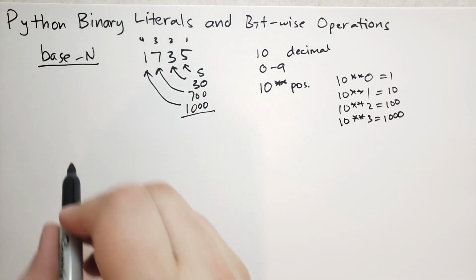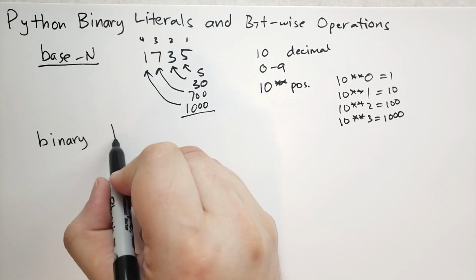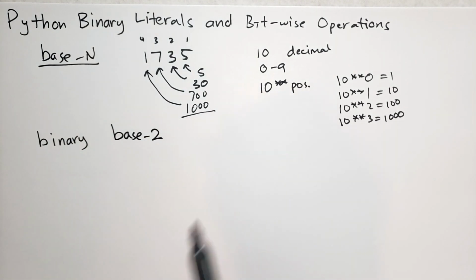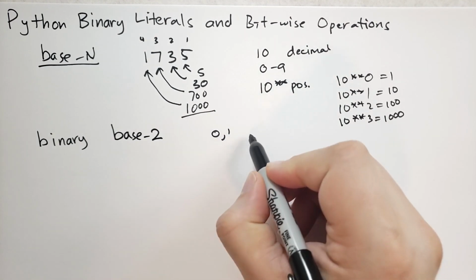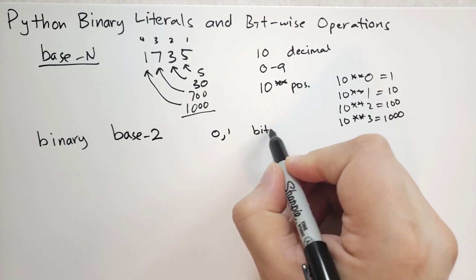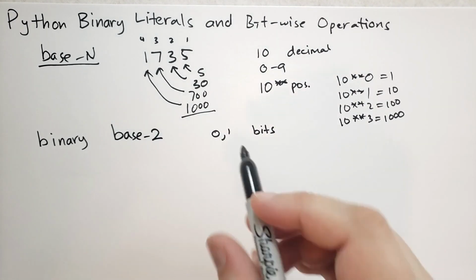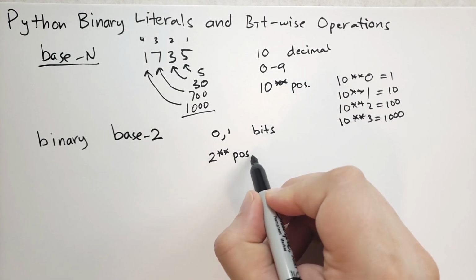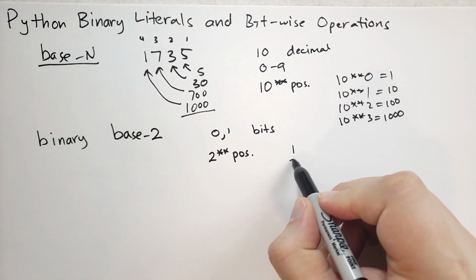Let's talk about binary. Binary is base 2. And you might be wondering how you can get along with this, but it actually works quite well. There are 2 digits, 0 and 1. We call them bits. Binary digits, bits. And each place is worth 2 to the place number, the position. So the first position in binary would be worth 1. The second one would be worth 2.